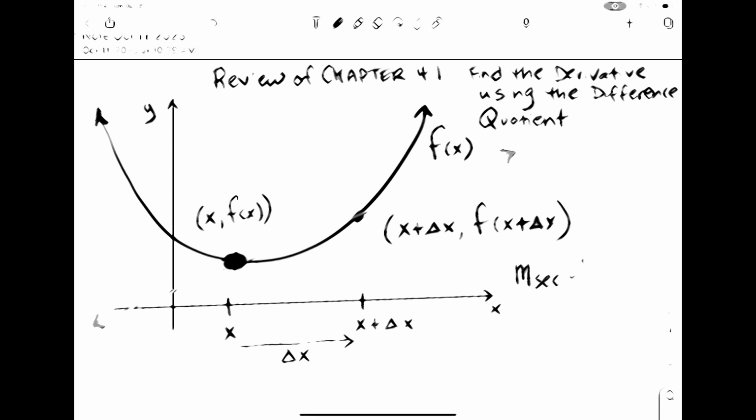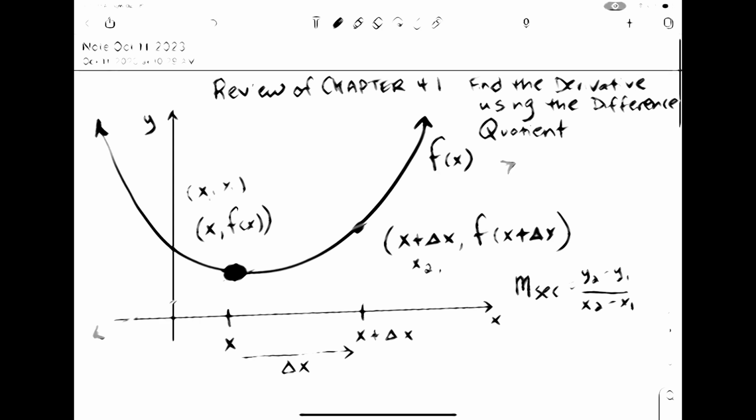We know slope is y2 minus y1 over x2 minus x1. This point here that I called x comma f of x, I'll designate as x1 comma y1. And this point, x plus delta x comma f of x plus delta x will be y2.